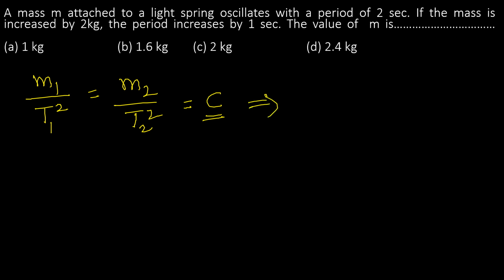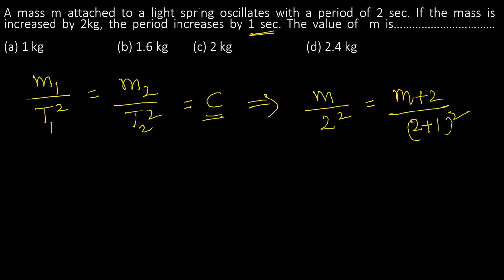We will get initial mass is m and initial time period t1 is 2 seconds, that is 2 square, which is equal to m2 final mass, that is increased by 2 kg. So m plus 2 kg divided by final time period, increased by 1 second, so that is 2 plus 1 whole square.